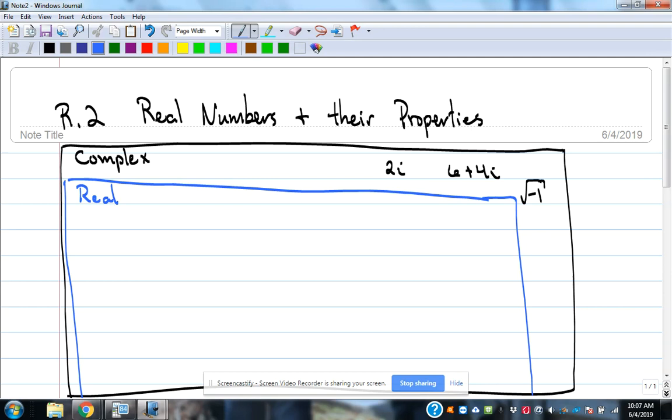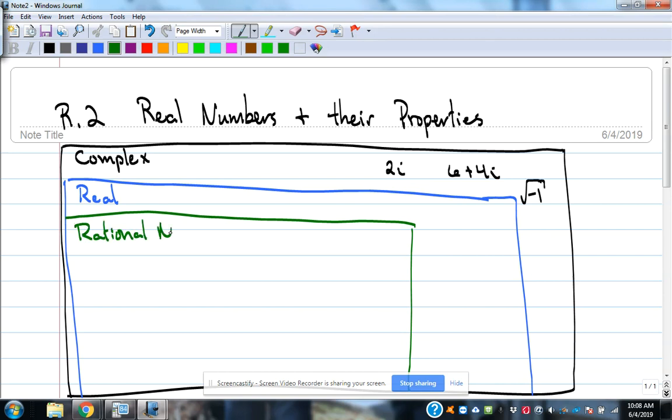Inside of the real number box is another smaller box. Okay, I'm going to go green with this one. This box here is going to be what's called the rational numbers. And then there's another box right there at the same level beside that, that's the irrational.